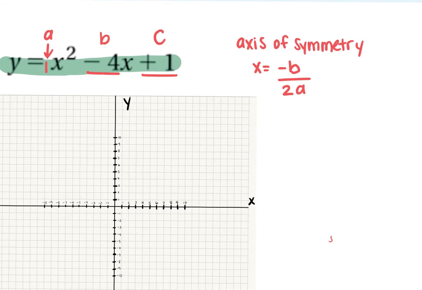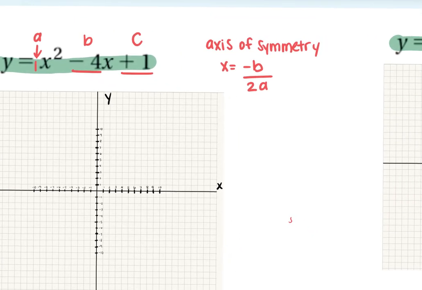All right, so all we're going to do is plug in what we know for b and what we know for a. So x equals negative, remember, whenever we plug in, we put parentheses, over 2 times a. What was b? -4. What was a? 1.